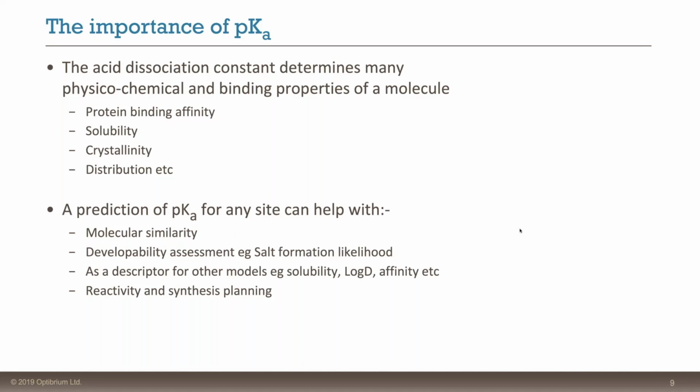And if you have a prediction for pKa and are able to look at the charge states of the molecules, you can use that as a descriptor in other models. Solubility, log D, affinity, those are just some of the list. And I have actually been using our pKa predictions for solubility and log D modeling. And last but certainly not least, chemical synthesis planning. If you happen to know the basicities, what charge states you're dealing with in your molecules, you'll know how well they are going to react.